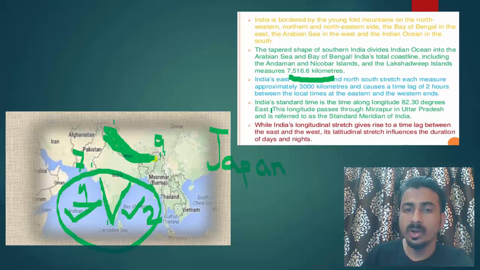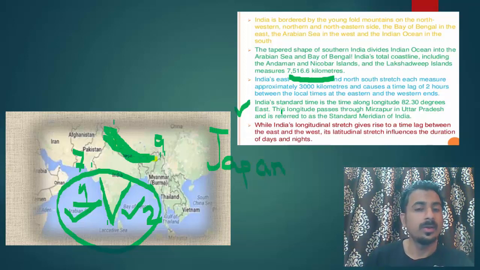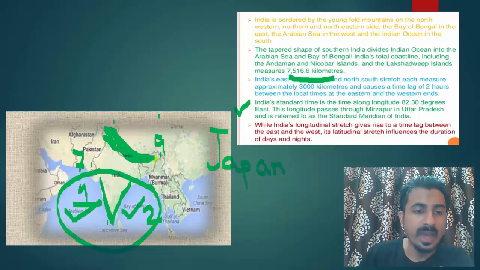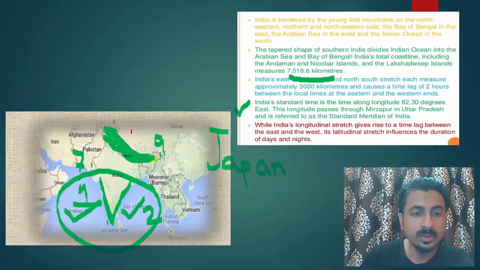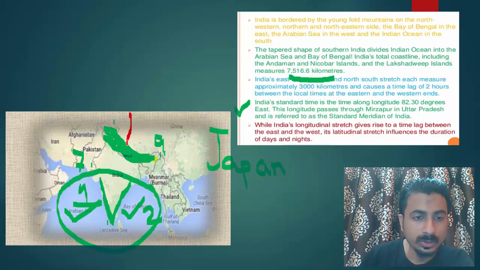Okay. Now next point. Now Indian, see, we take a standard time. Because all over India the time is same, so we need to match our time with other people so that all have same time. So we have Indian Standard Time. For that there is a longitude which passes through Uttar Pradesh.